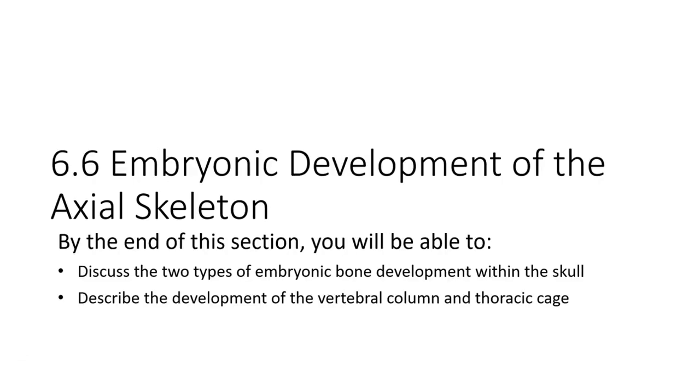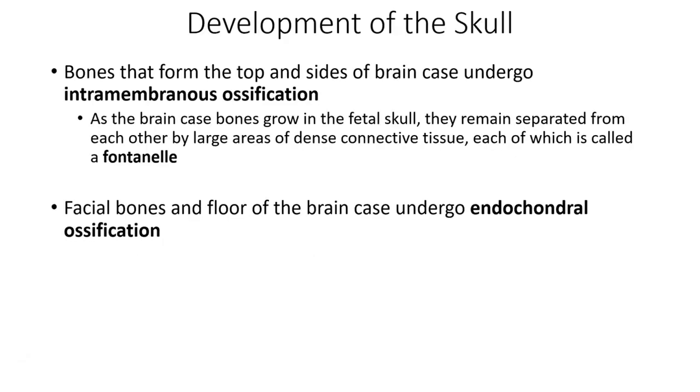All right, wrapping up with embryonic development of the axial skeleton. So we've already talked about different types of bone development, so we're going to just look at that again here. So again, the bones that are forming the top and sides of our brain case are made through intramembranous ossification. And as these bones grow in a fetus, they're going to stay separated from each other by these large pieces of very, very dense connective tissue.